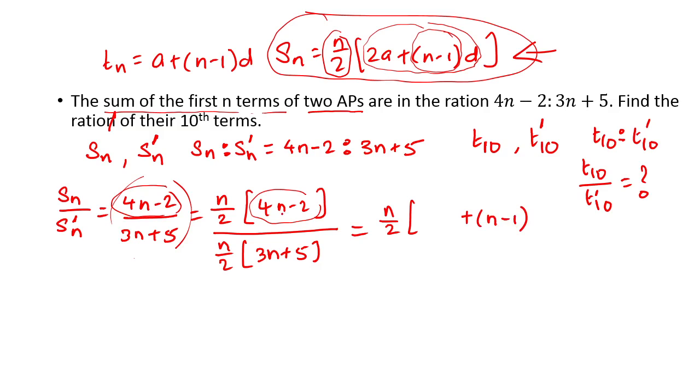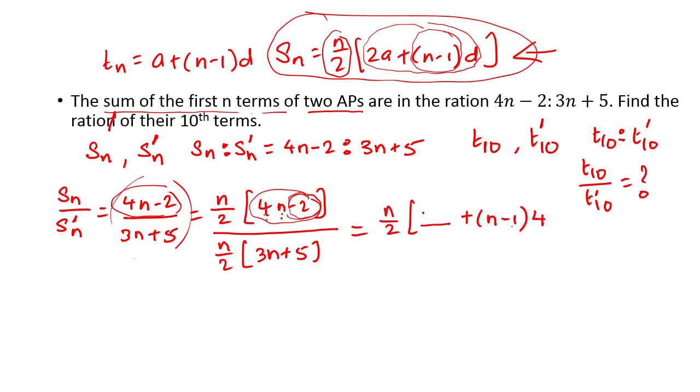Now the coefficient of n here is 4, so I'll write 4 first, so that I get 4n, the first term. And then when I'm writing n minus 1 into 4, there is an additional term which is minus 1 into 4, so minus 4. What I want is minus 2.